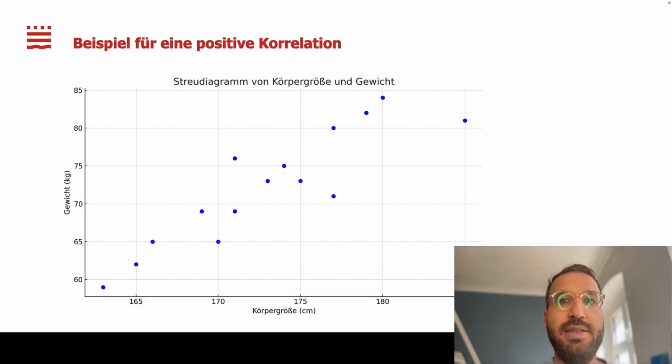And on the y-axis, you can see the weight of the person with the specific height. And these two characteristics are positively correlated. And I ask you again, perhaps you can take a moment to consider what that might mean.